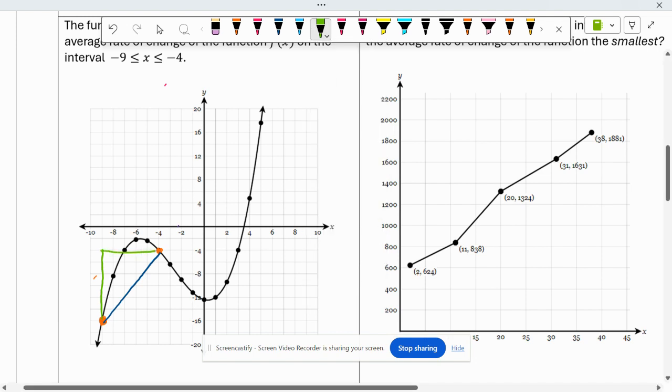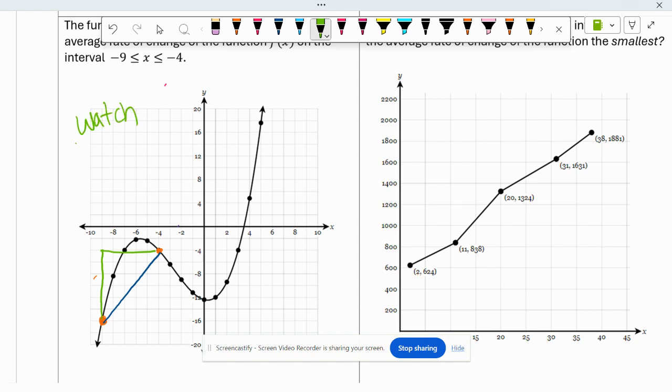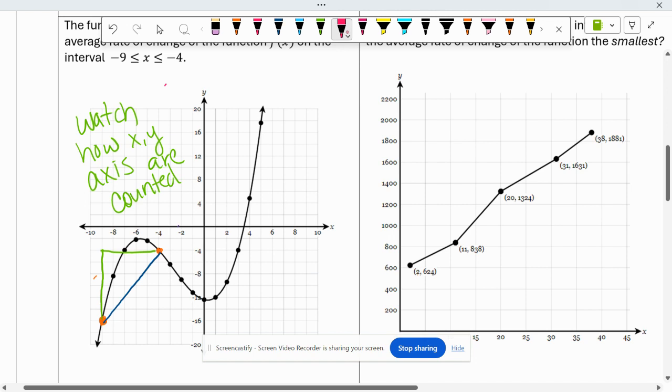The only warning that I'm going to give you is that you need to watch how the x and y axes are counted. So when I think about my rise, how much I go up, notice that this is being counted by 2s. Do you guys see that?